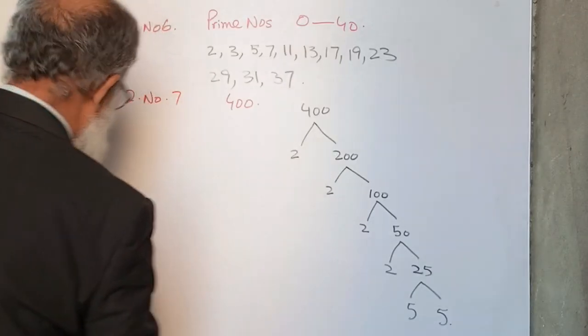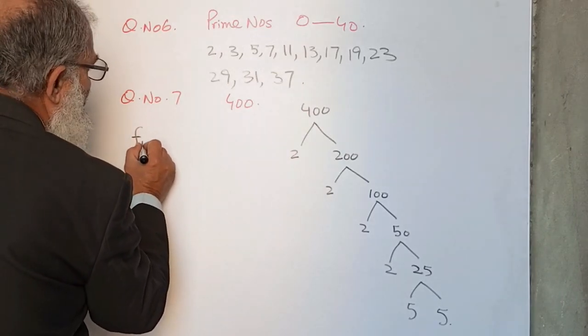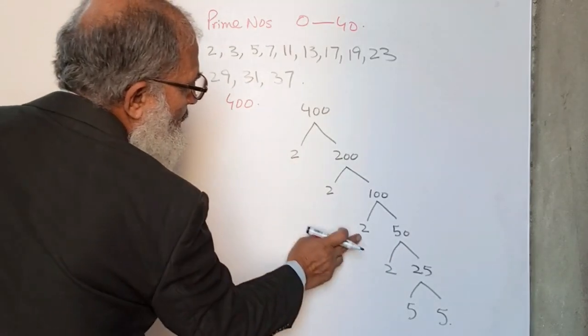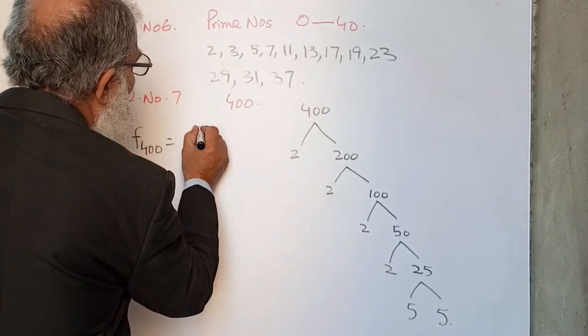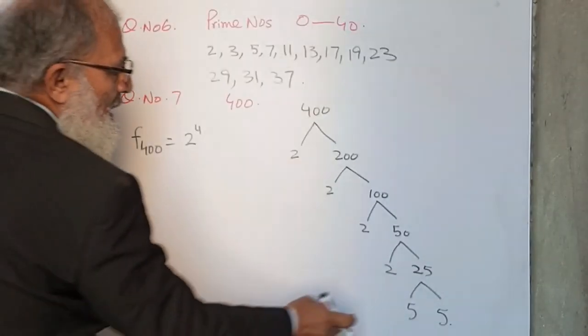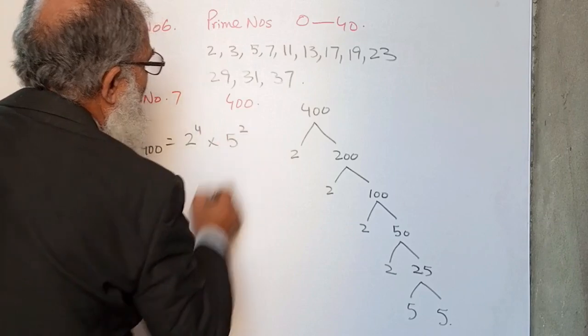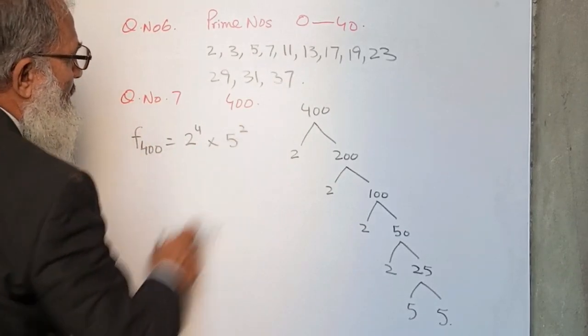Now, how to write this? The factors of 400. Now there are 1, 2, 3, 4 twos. The 4 bases are same. So we write 2 raised to power 4. And these two powers are also same. So we write 2 raised to power 4 and 5 raised to power 2.